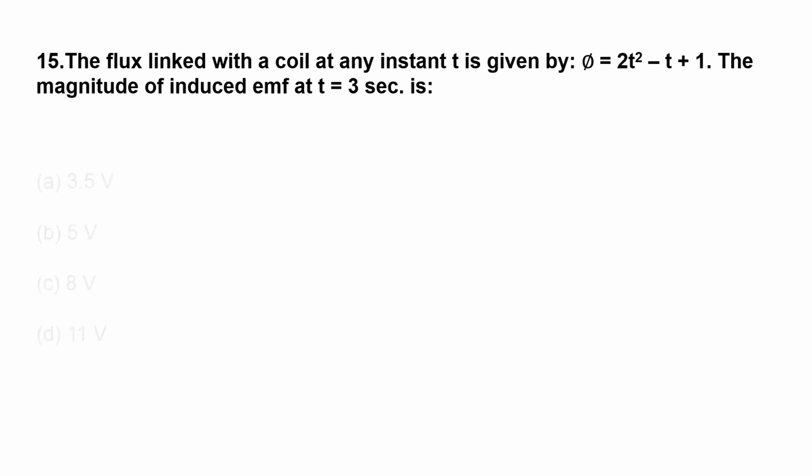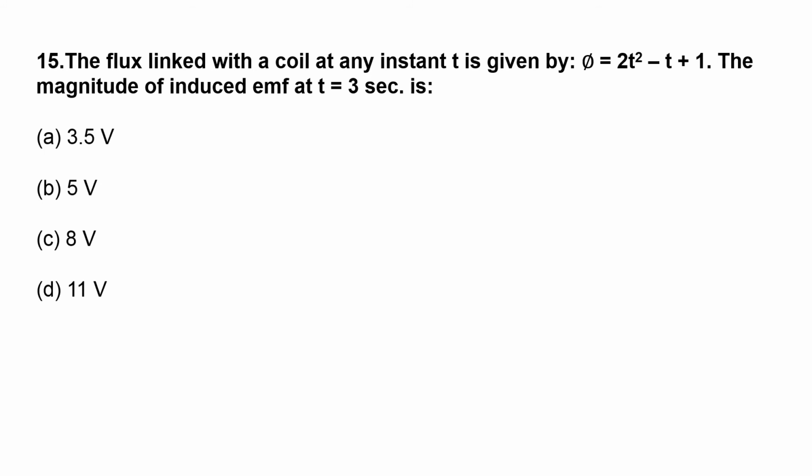Options are option A 3.5 volt, option B 5 volt, option C 8 volt, option D 11 volt. Here the flux linked with the coil at any instant t is given in the form of equation 2t square minus t plus 1. Here you have to find the induced EMF at time of t is equal to 3 seconds.